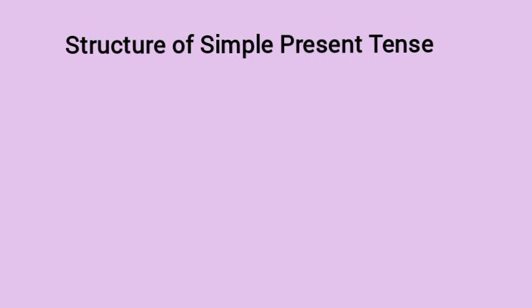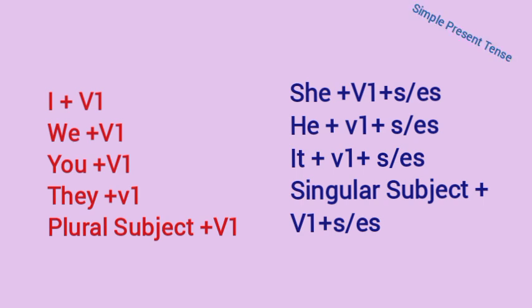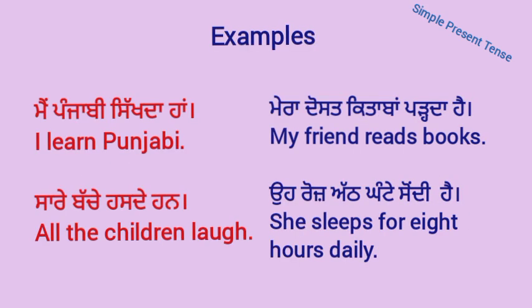Let's simplify it a bit. I, we, you, they and plural noun, with these we use only the first form of the verb. On the other hand, she, he, it and any singular subject, we use first form of the verb plus s or es. Let's see a few examples.